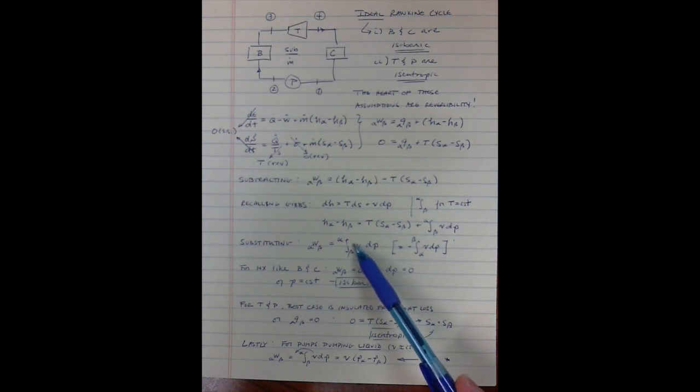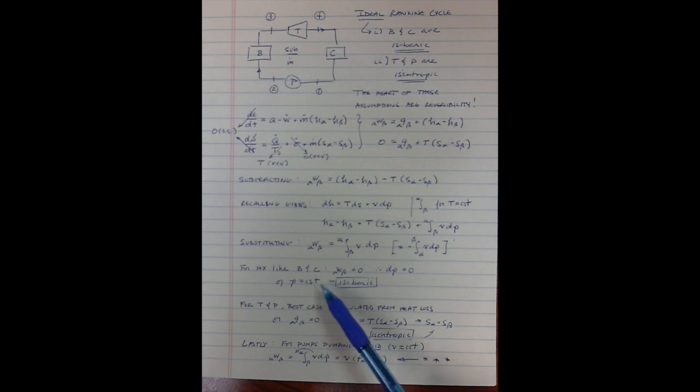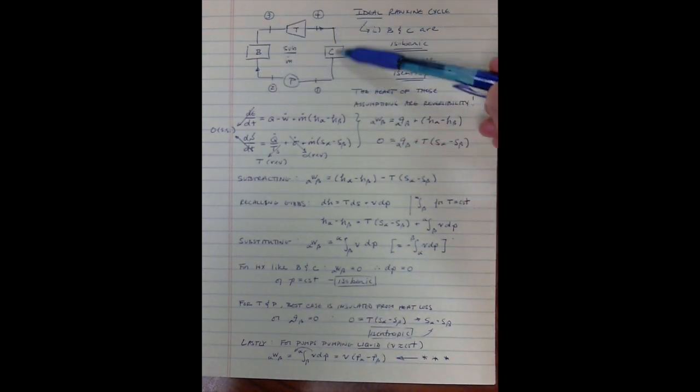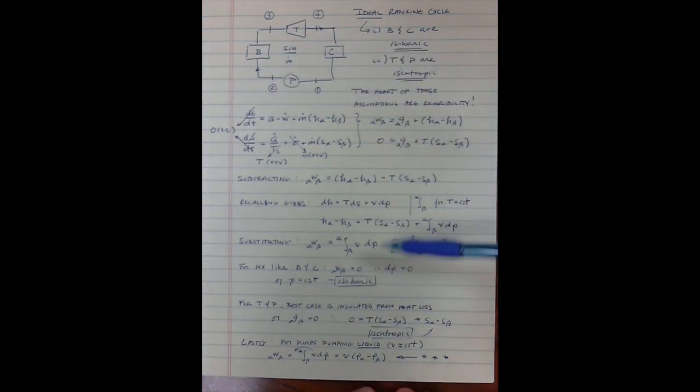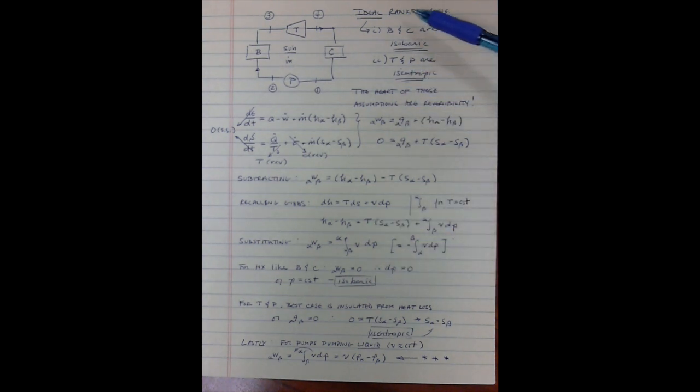Since the specific volume has to be a positive number physically, the only way for this area to be 0 is for dP to be 0. In other words, P must be constant, or these two devices must be isobaric. So we've first shown that in the ideal case, we have an isobaric boiler and condenser.